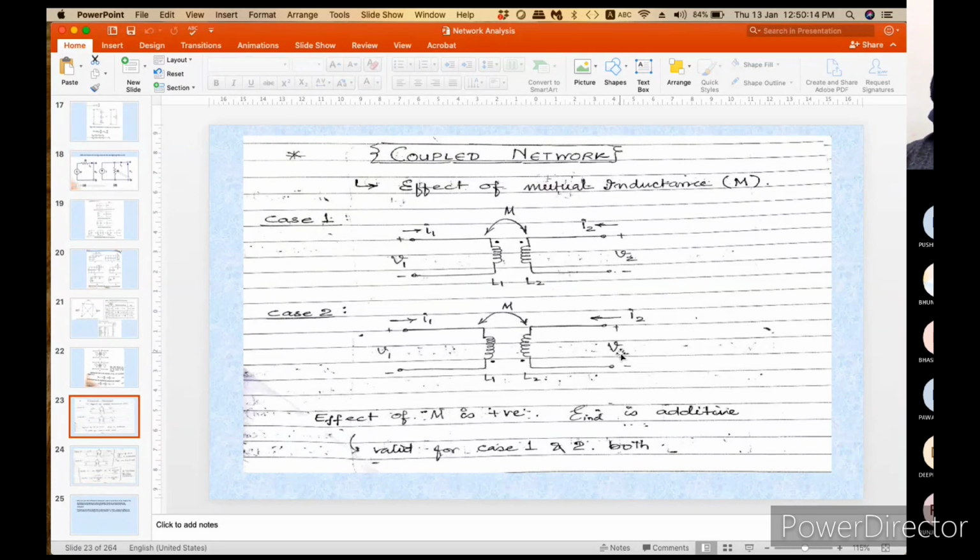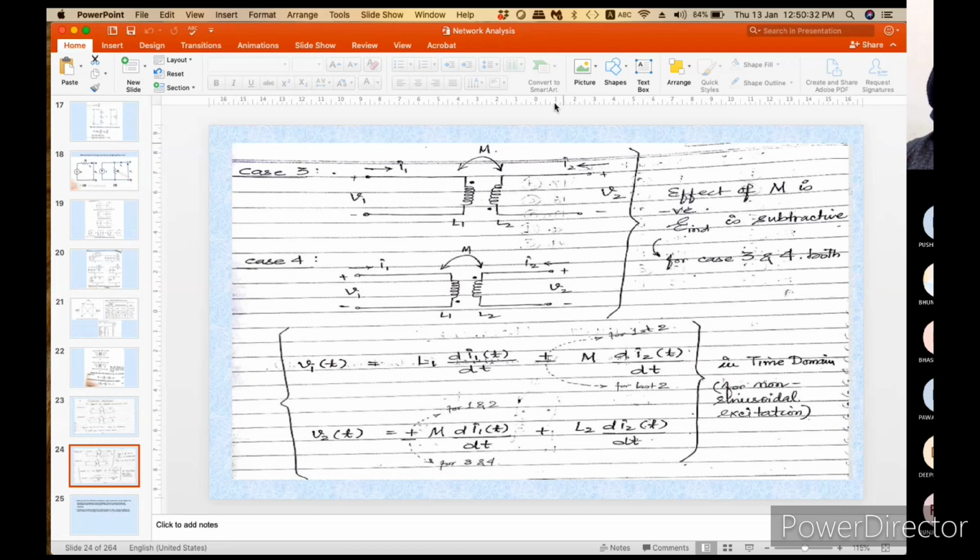So not only do these dots indicate whether this is over here and here, meaning that they will be having opposite kind of thing, but after that you have to then consider the direction of current and decide the final sign of that inductance. So for example, here and here, okay, here and here, whether it will be plus or minus will be decided by both the direction of current and these symbols they give.